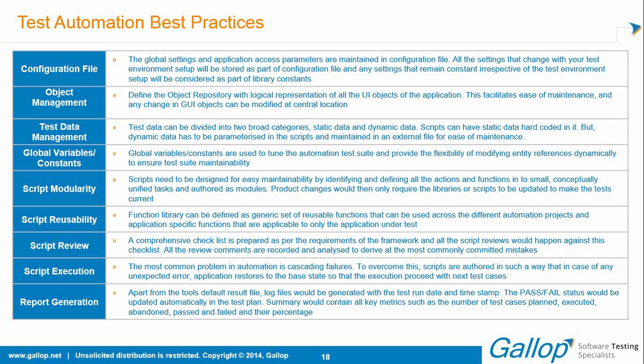When we are talking about the hybrid framework approach, we make sure that the scripts are decomposed to the lowest module level, and we should have a lot of reusability in the script, so that whatever generic or common functionality exists across the application can be reused using these reusable assets. You also have to have a script review process, and execution modes. These execution modes are like whether you want to do parallel execution on the same machine, or parallel execution on different machines, and then report generation.